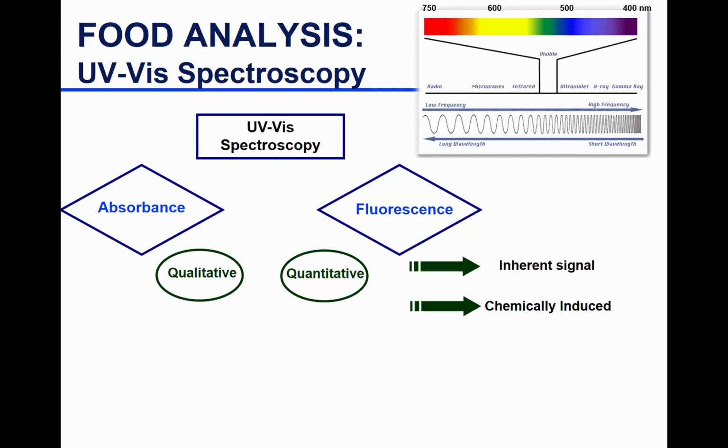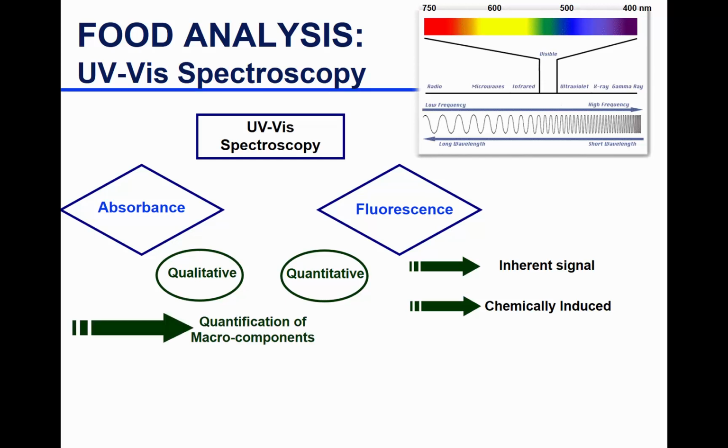So absorption or fluorescence can be an inherent signal, that means the compound itself can absorb light, like for example isoflavones, they can absorb UV light, or phenols in general can absorb light, whereas sometimes you have a constituent that does not absorb light, but you can measure it with spectroscopy if you induce a chemical reaction that will result in a product that can absorb or fluoresce.